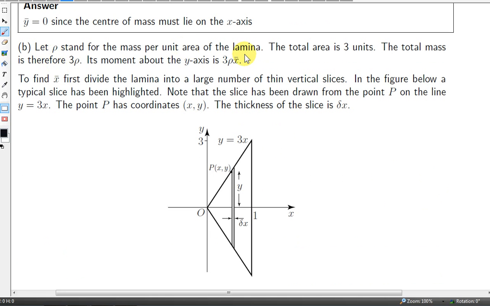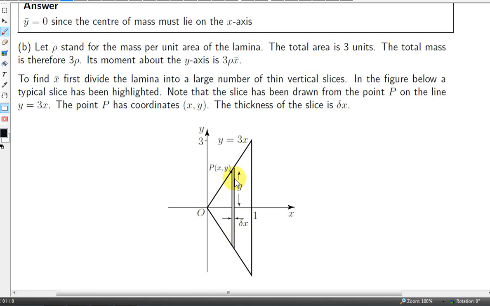Let rho stand for the mass per unit area of the lamina. So this idea of mass per unit area is very useful, because when we're getting mass elements we just need to consider the area of the element, and we can work that out from the geometry, and we multiply that area by the constant rho to get the mass of that element.